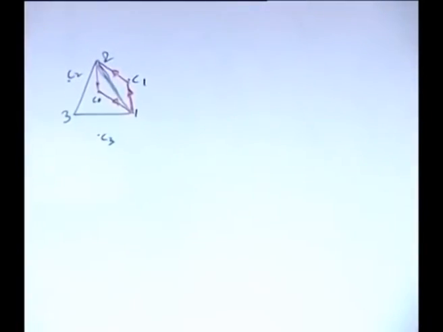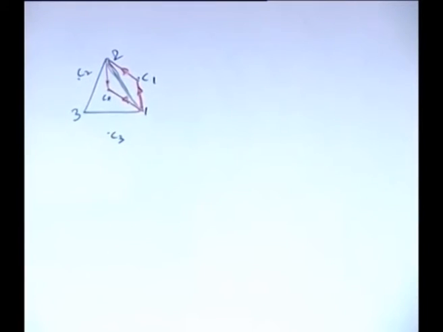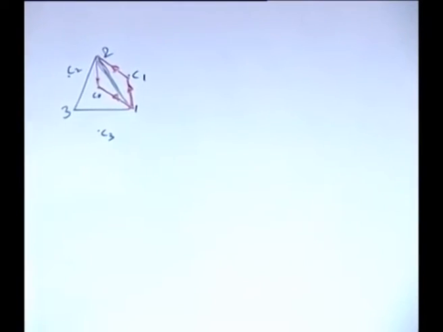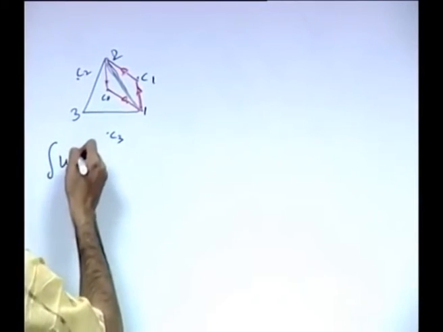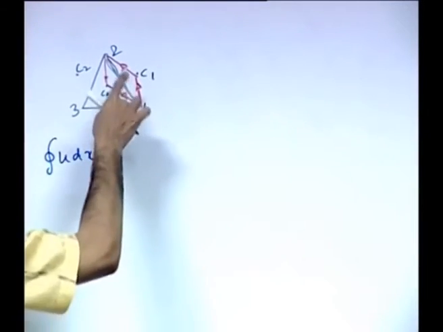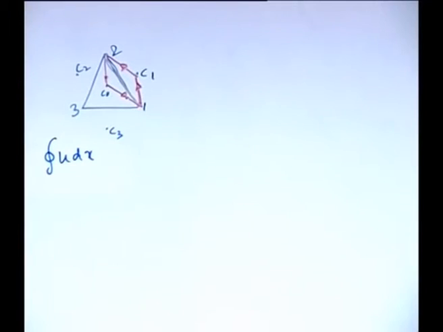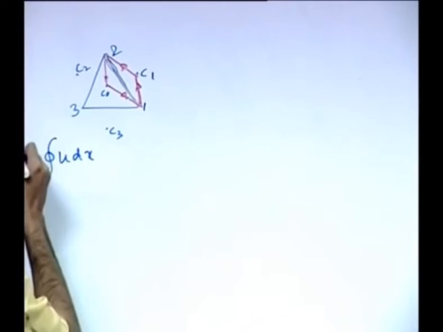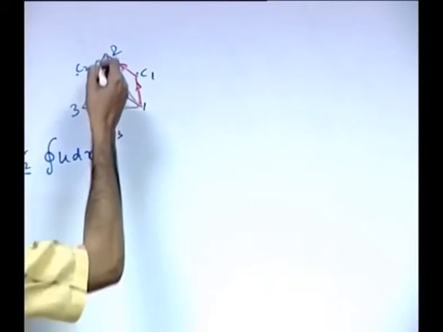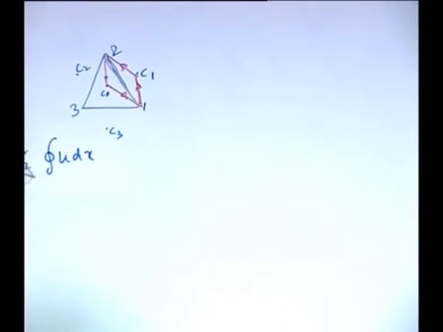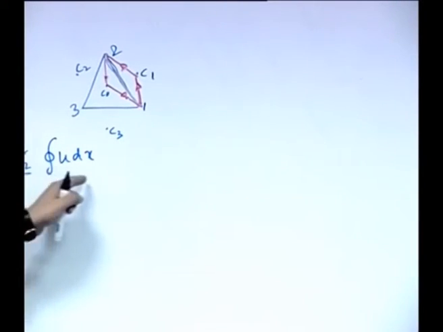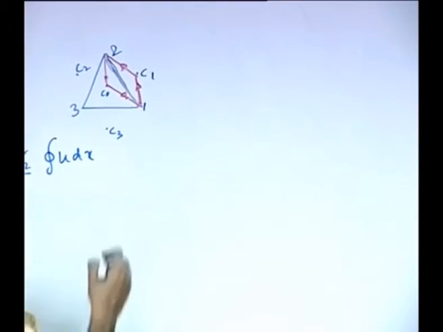Now, let us try to write the integral of, say, u dx over this contour. There are 3 such contours: one for the edge 1, 2, another for 2, 3, and a third for 3, 1. We are just giving an example for one edge, considering that a similar thing can be written for the other 2 edges. So, for edge 1, 2, what is the integral of u dx?